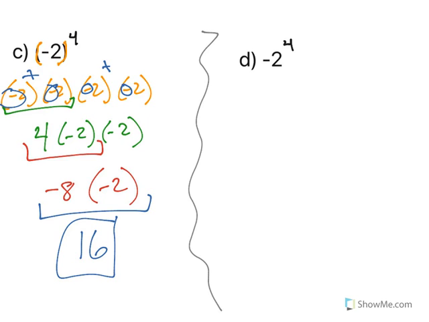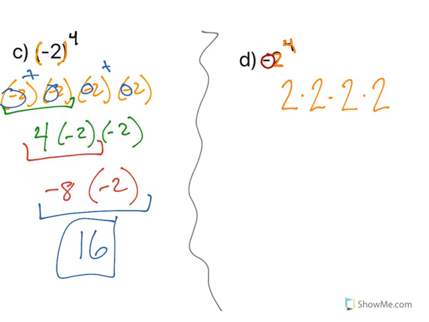Okay, let's transition to letter D, which is no parentheses. -2 to the 4th power. If you look at the exponent of 4, it is touching the 2 and only the 2. So this is the same as saying I'm going to take that 2 and multiply it by itself 4 times because that's what the exponent is touching.